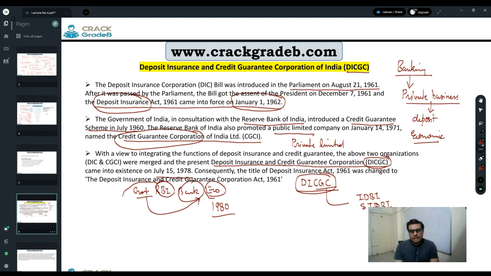So at present, the Deposit Insurance and Credit Guarantee Corporation is basically focused on providing deposit insurance rather than credit guarantee, because the credit guarantee role is taken by other dedicated organizations. So maybe in future this name will be changed, but as of now this organization is completely focused on deposit insurance.